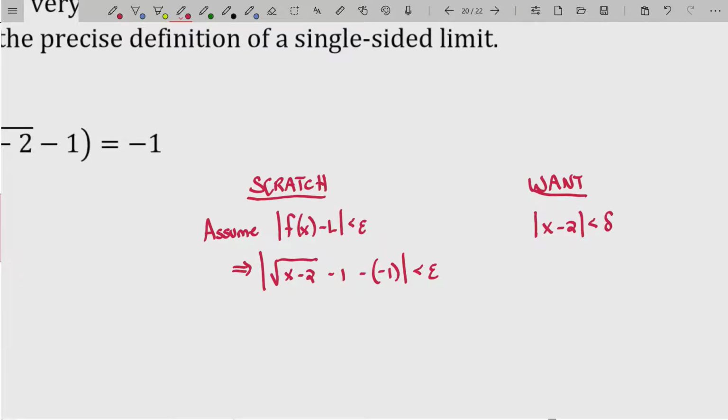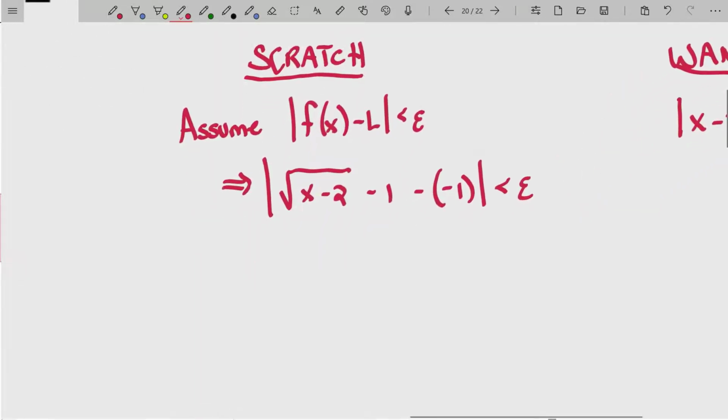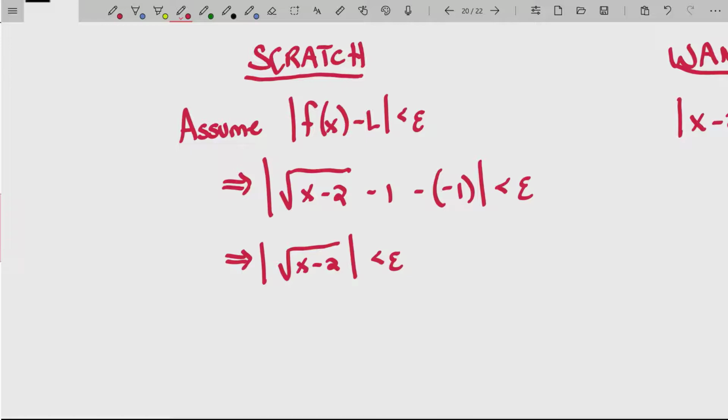And if you look at what we've assumed, well, that's the absolute value of the square root of x minus 2. All right, -1 plus 1 cancels, less than epsilon. Something you need to note here, and this is kind of where our statement about the one-sided limit, x approaching 2 from above, and all that silliness comes into play.